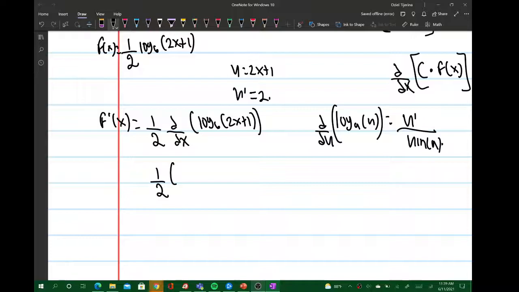Because that's the derivative of u. So then this is equal to 1/2, and then it's going to be u prime, so 2 over the original u, 2x plus 1, times the natural log of 6.